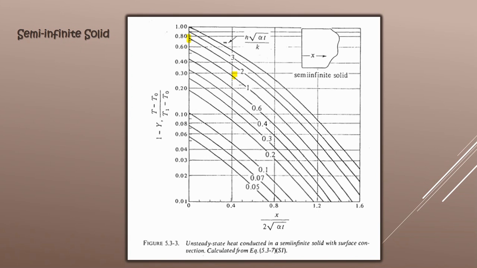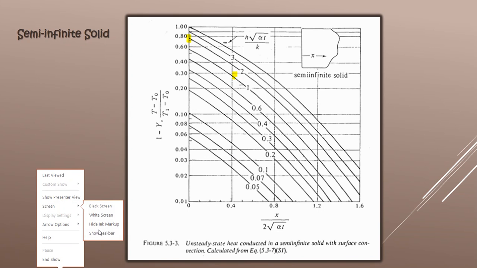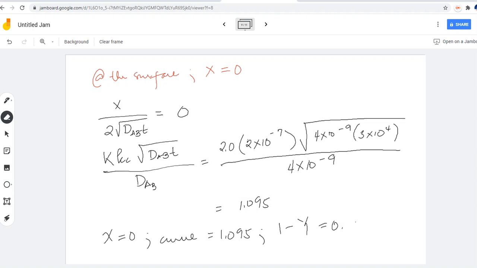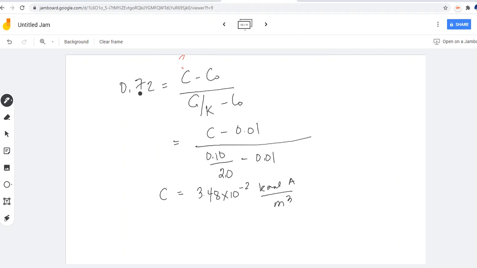So we'll go back and change the value that we have substituted. So we have 0.62 and the next would also be 0.62. So this is 0.62 and we will have a value here of 3.48 times 10 raised to negative 2, more or less.